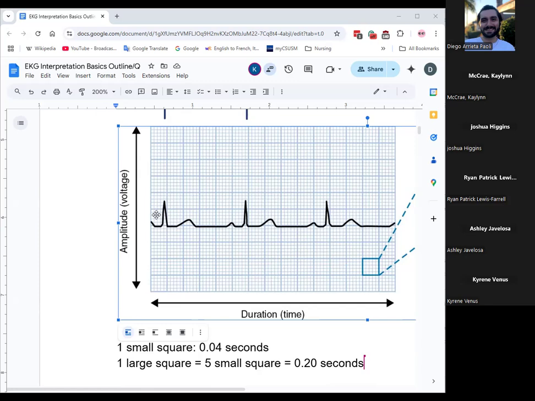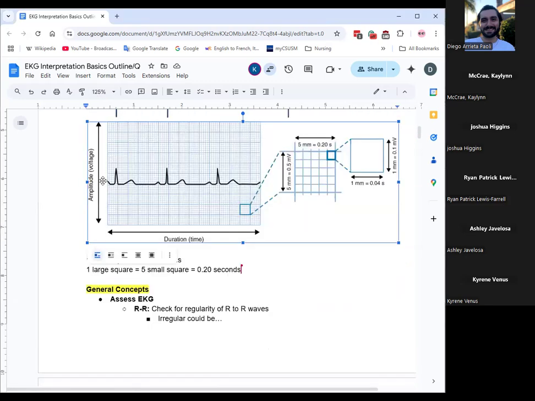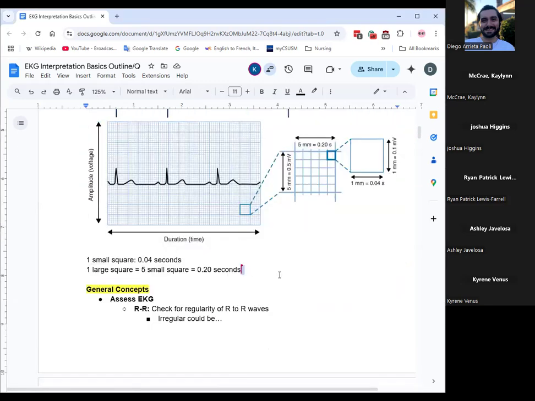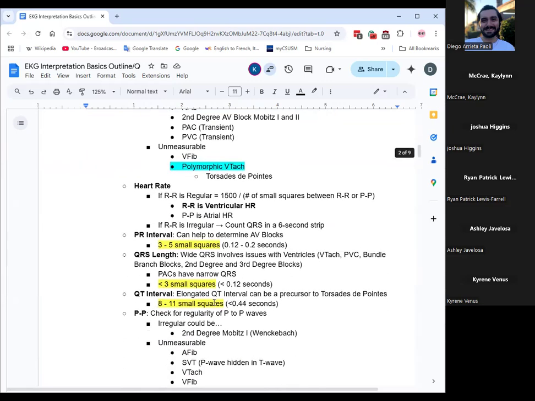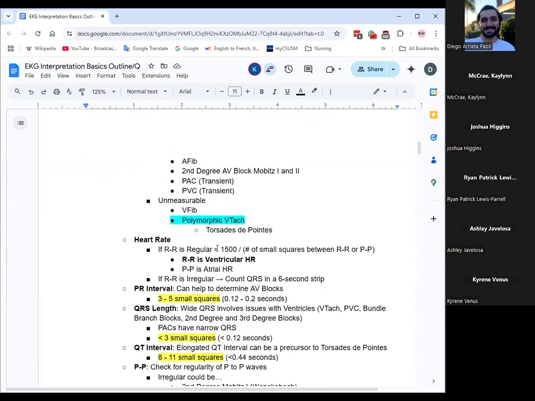And if it's not regular, then hopefully we have a 6 second strip and we essentially just count the number of QRS and then multiply by 10 to get 60 seconds. But if they are regular, then you're able to use this to get an idea.